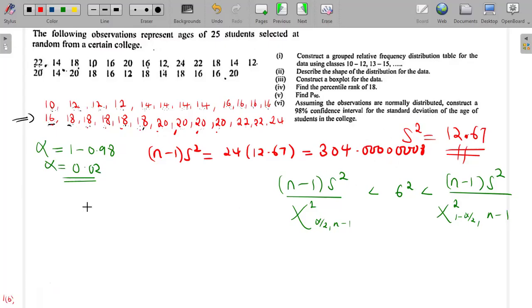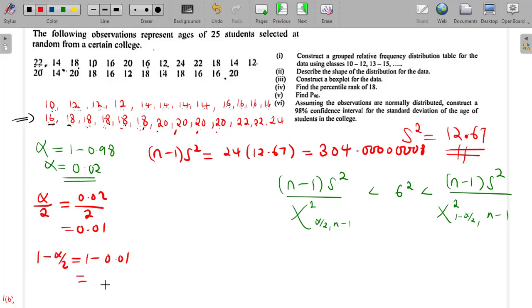So now, in this chi-squared, you can see I have alpha over 2. So this is 0.02 divided by 2, that will be 0.01. And then on the other side, I have 1 minus alpha over 2, which will just be 1 minus 0.01.